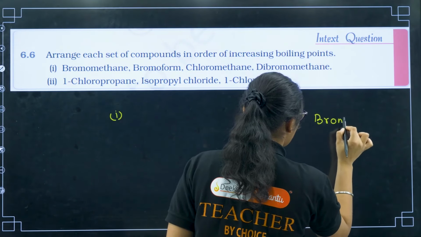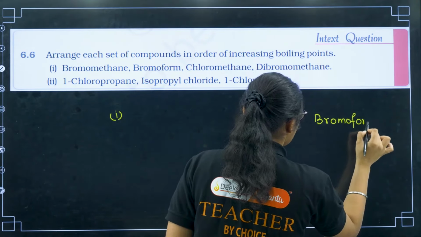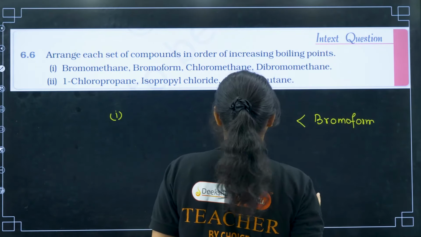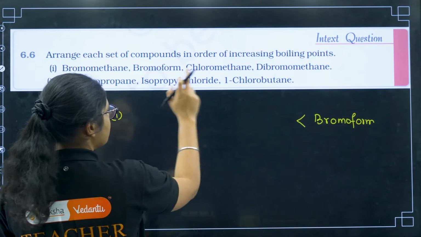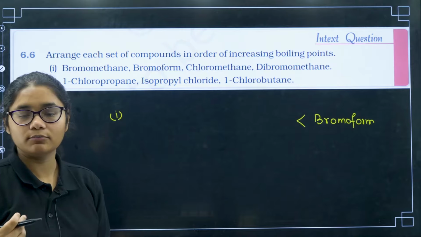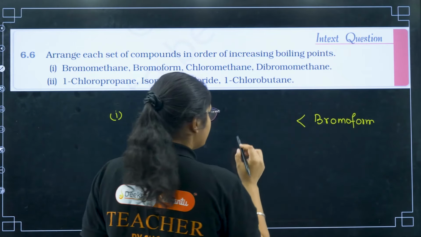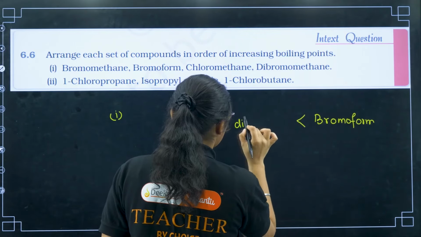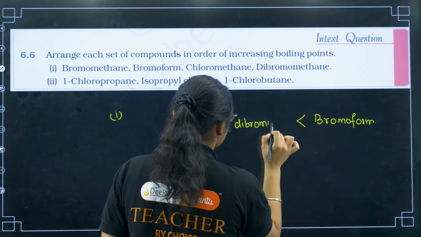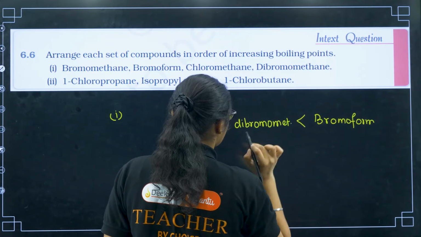You have to write in increasing order. Increasing order means lowest to highest. So this is the highest one. Then you see here bromomethane, here dibromomethane. Dibromomethane means 2 bromines are there, right? So I can write here dibromomethane. Okay.